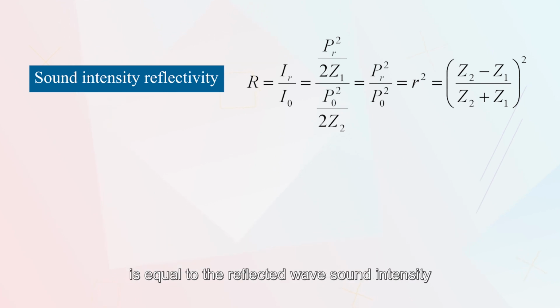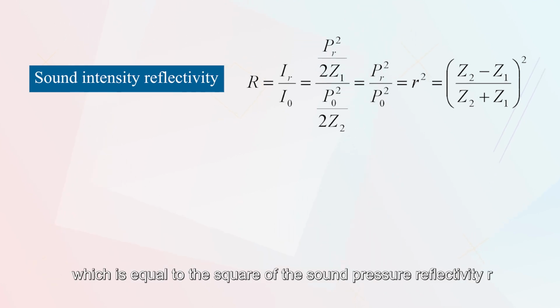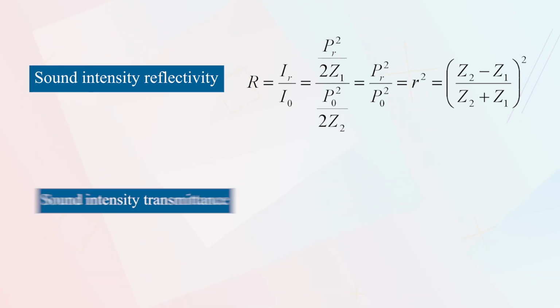3. The sound intensity reflectivity R is equal to the reflected wave sound intensity IR divided by the incident wave sound intensity I0, which is equal to the square of the sound pressure reflectivity R. 4.